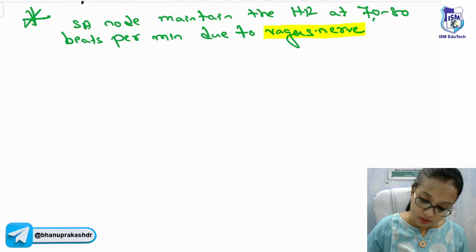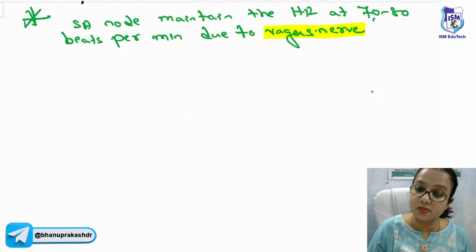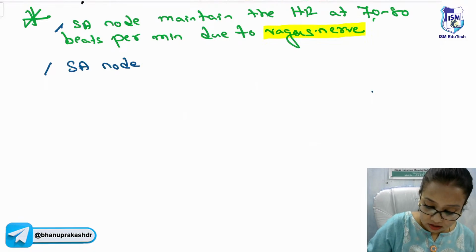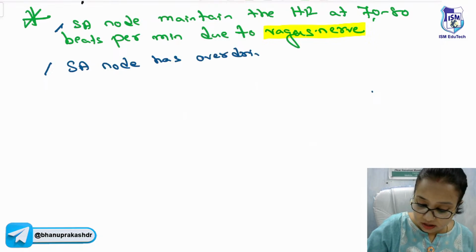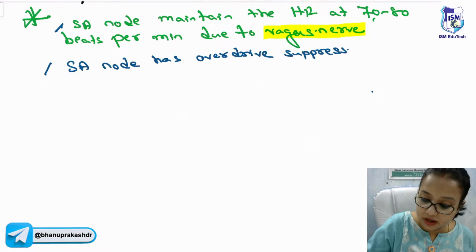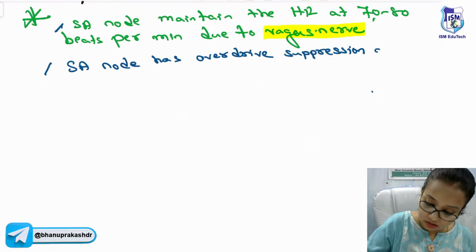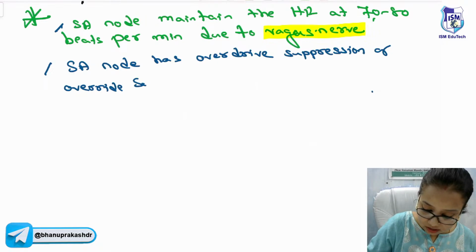Now, the second point is: why is the SA node the pacemaker? The SA node has overdrive suppression, or override suppression; both are the same actually.